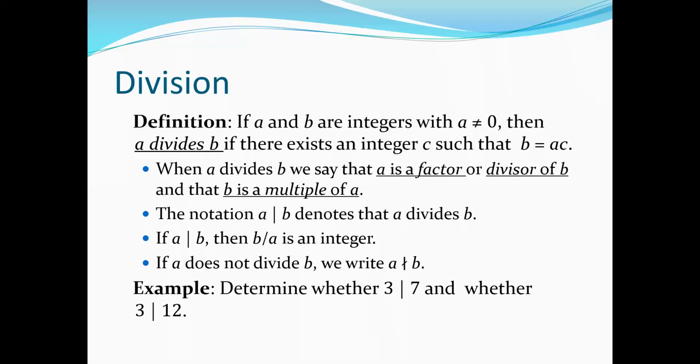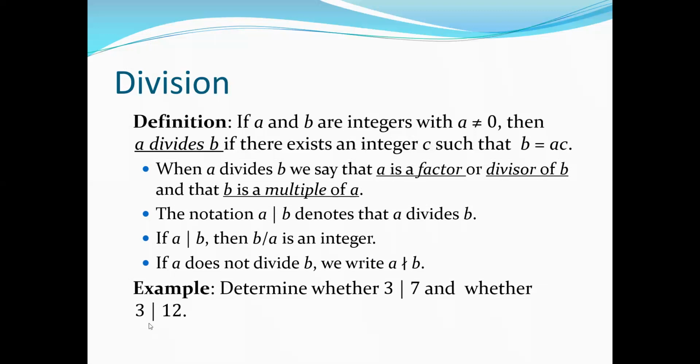Let's have an example. Let's determine whether 3 divides 7 and whether 3 divides 12. Let's start with 3 divides 7. What is the result? 7 divided by 3, the quotient, is not an integer. Therefore, 3 does not divide 7, since the result is not an integer.